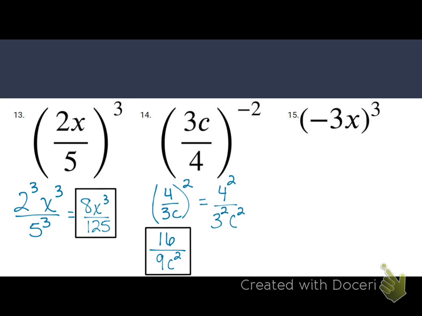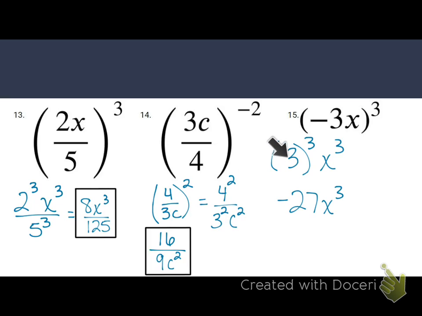On number 15. This is actually like a problem we would have done on your quiz. What's happening? Okay, everything gets the third power. So -3 gets a third power, and x gets a third power. Be a little careful on this part. -3 to the third power. -27.